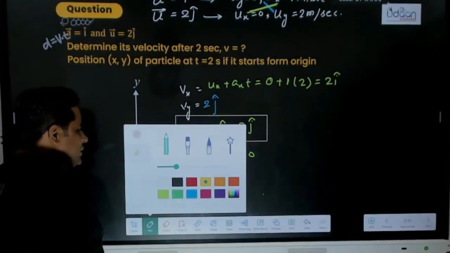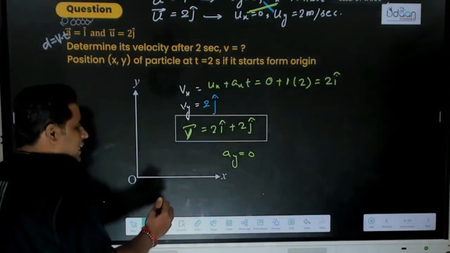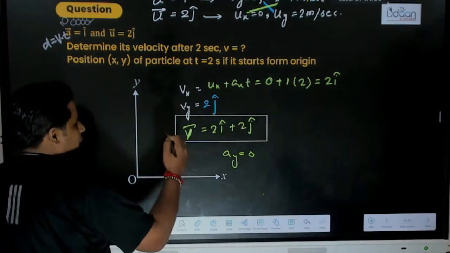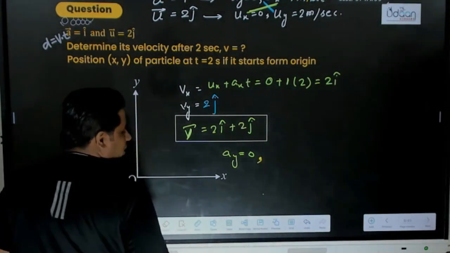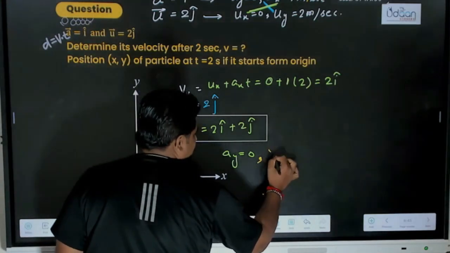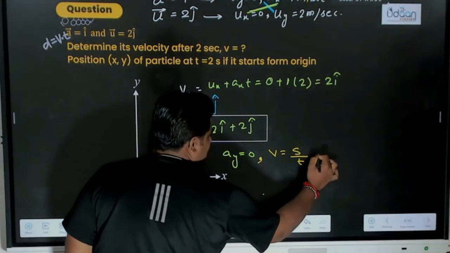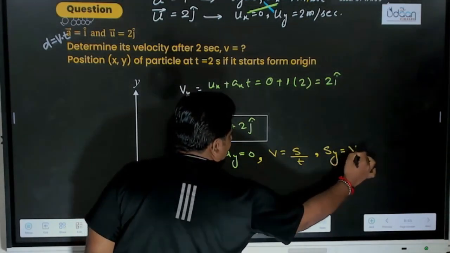We can say that ay is equals to 0. So if ay is equals to 0, definitely it is uniform motion. In uniform motion we apply the formula v is equals to displacement upon time. So displacement will be what? sy will be equal to vy into t.